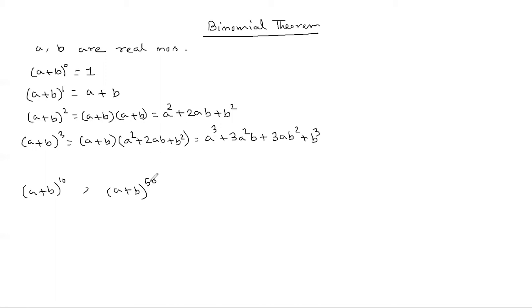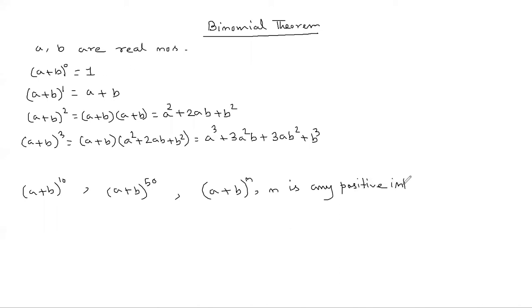So we require some general technique so that we can get the expansion quickly. That is the requirement of the binomial theorem. That means we generalize these kinds of statements. In the binomial theorem, we can find (A plus B) power n whenever n is any positive integer.